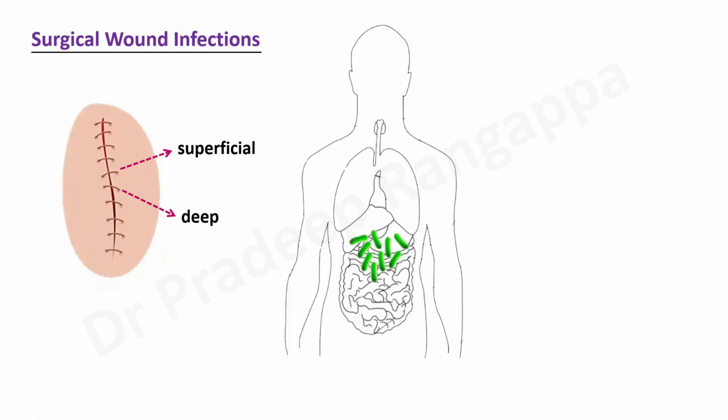Then we have the visceral or any cavity infections, where the abdominal cavity or any other cavity or space deep inside, deep structures, are involved and there is infection. We call it a deep-seated infection. So superficial incisional infection, deep incisional infection, and organ or cavity space infection is the third variant of surgical wound infection.